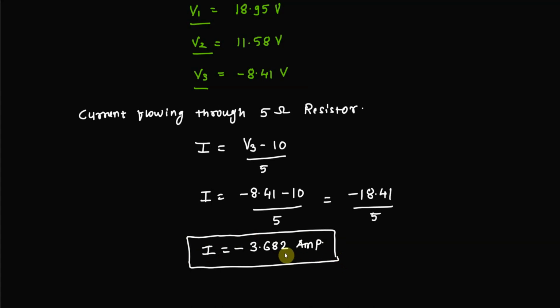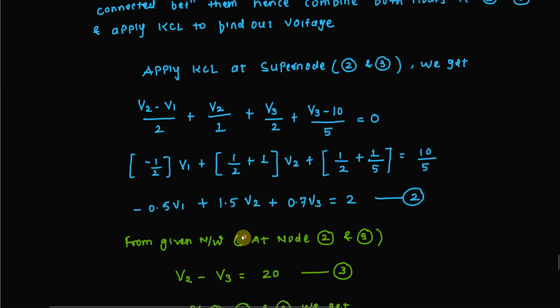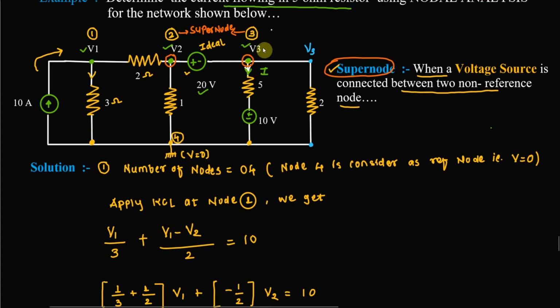But if you see, in this we are getting the current as negative. What does the negative sign indicate? We have considered that the current is flowing from the upper side to the lower side, like this. But the negative sign says that whatever we have assumed is wrong. So actually the current is flowing in the opposite direction, from the reference potential to the third potential.